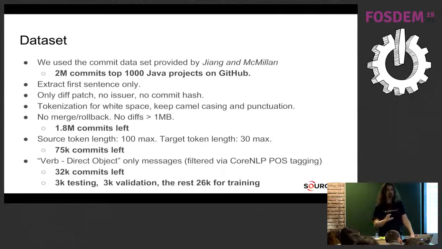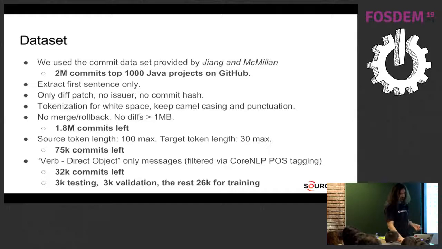So the best commit messages are those which begin with a verb, added this file, updated the changelog, I don't know, removed this kind of import. And then there's a direct object after that. So it really is a good message that summarizes. It was a very heuristic way to tell bad commit messages from good ones and try to have a kind of unsupervised way to separate bad messages which should never be fed as training samples.